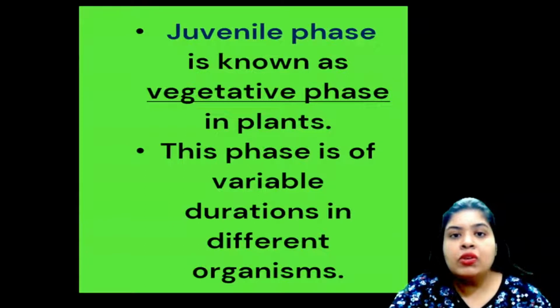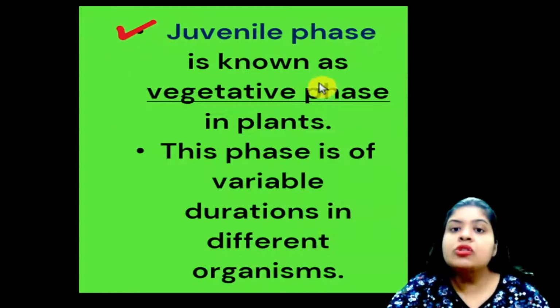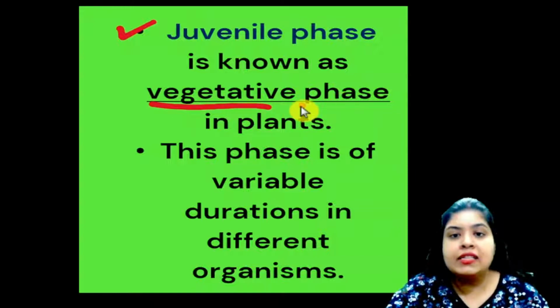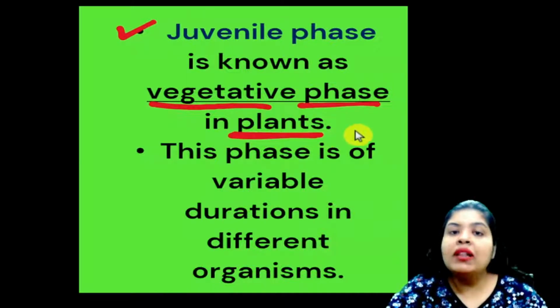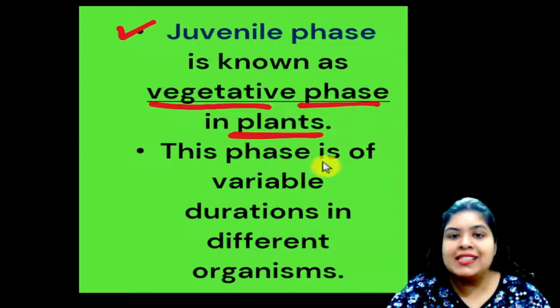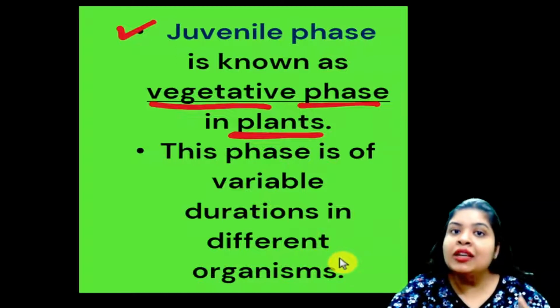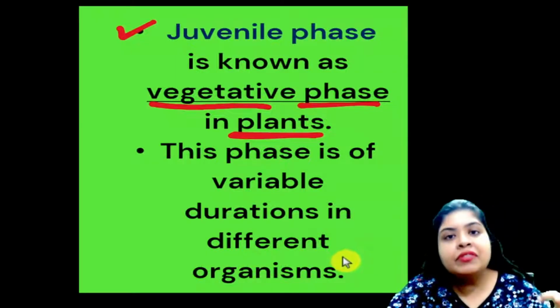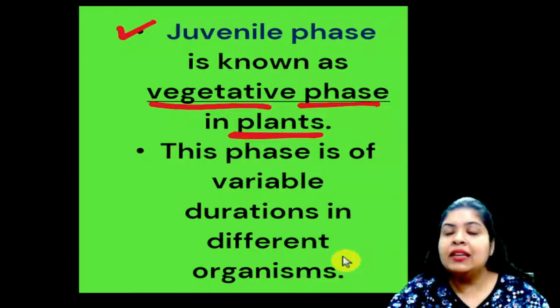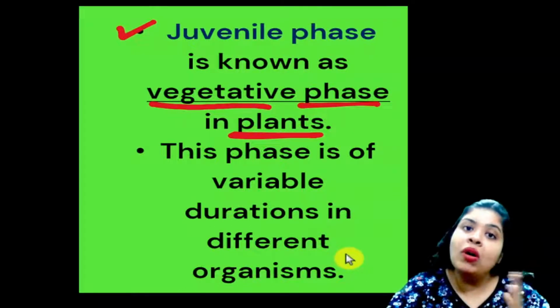So therefore we can also say the juvenile phase is also known as the vegetative phase in plants. Plants, we call this phase the vegetative phase, and this phase is of variable durations in different organisms. So different organisms can take their own time, they will have different time of growth and maturity, and it is not going to be the same in all the organisms.